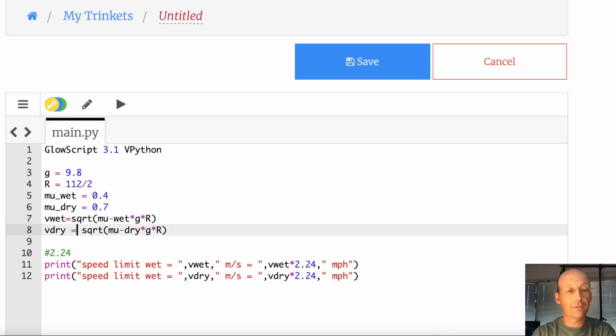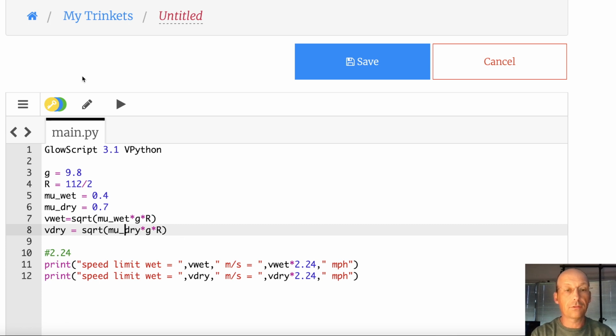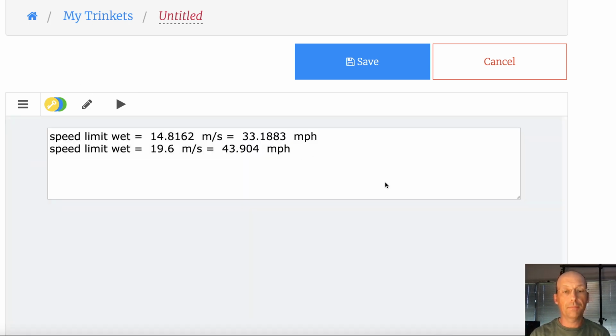That's my own fault. Okay, let's try that. Okay. So I get a speed limit of 33 miles per hour for wet and 44 miles per hour for dry.